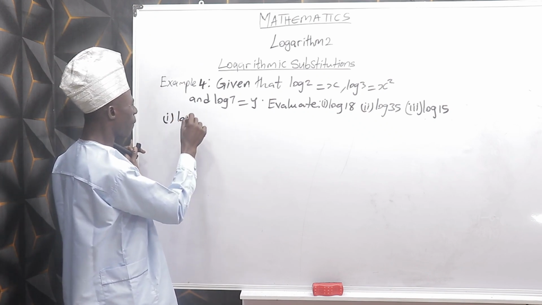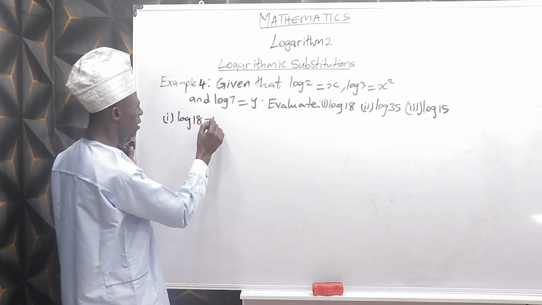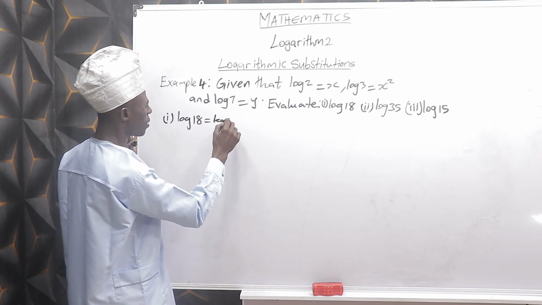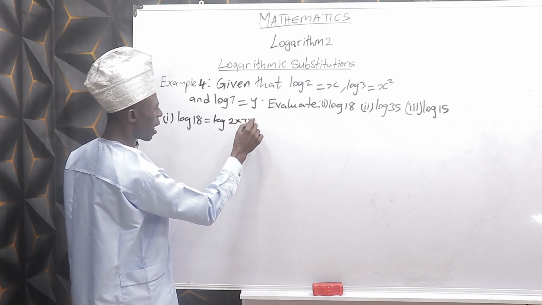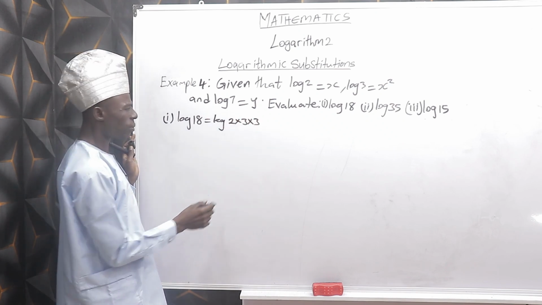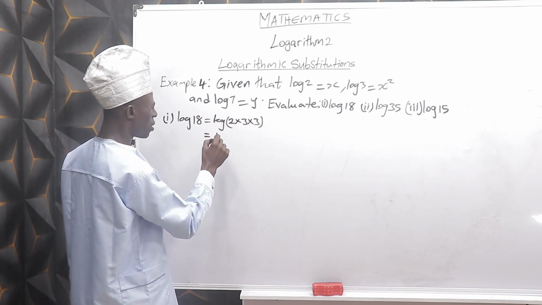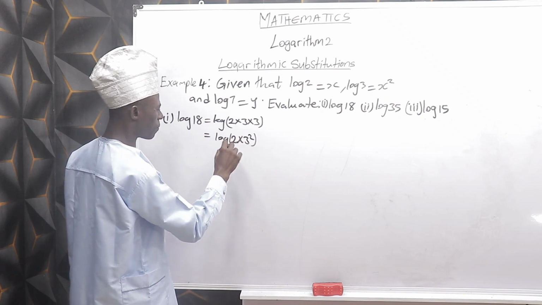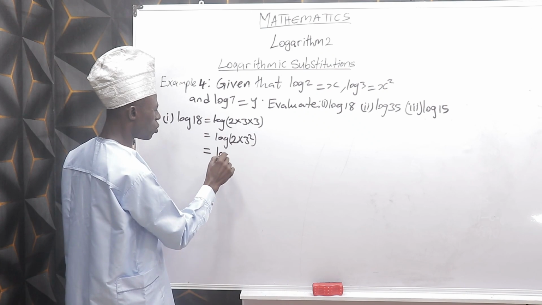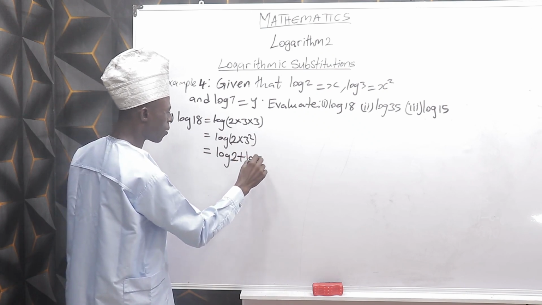Log 18. Log 18 is log 2 times 3 times 3, which is log 2 times 3 square. In turn, you rewrite it as log 2 plus log 3 square.